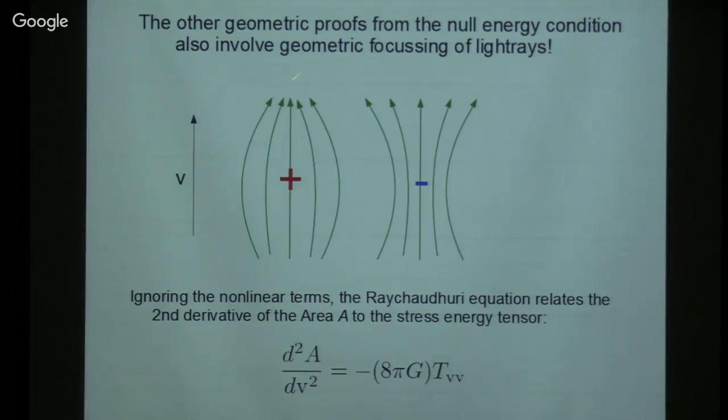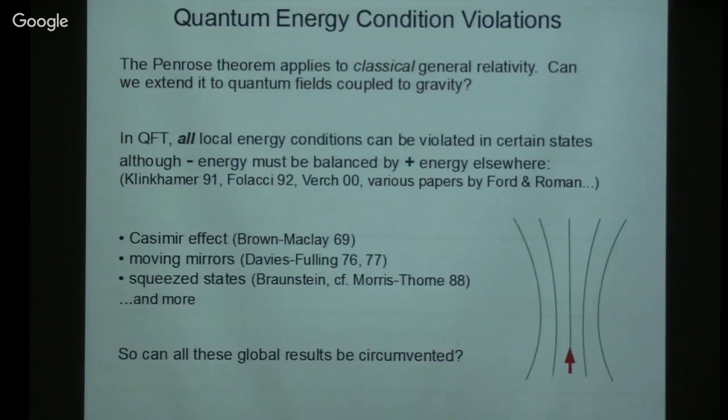If you have positive energy, that will tend to focus light rays. If you have negative energy, that will tend to defocus light rays. If you ignore the non-linear terms in the Raychaudhuri equation that I had on the previous slide, this will just relate the second derivative of the area to this null component of the stress tensor. So we just care about whether this thing is positive or negative.